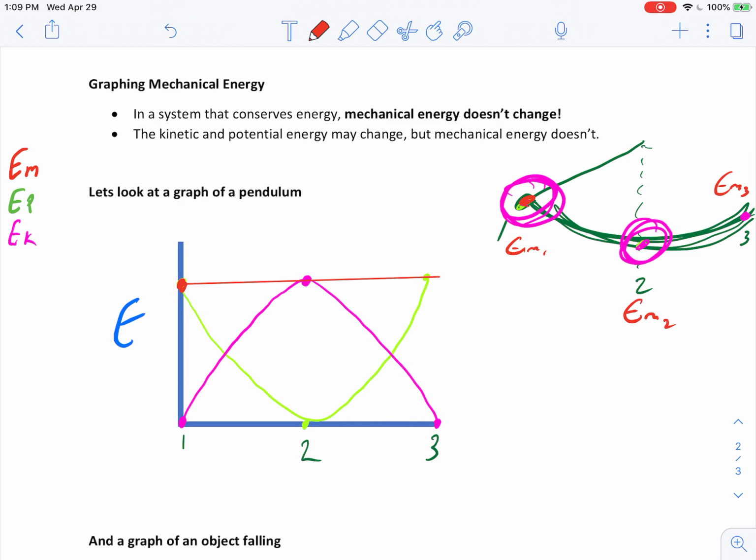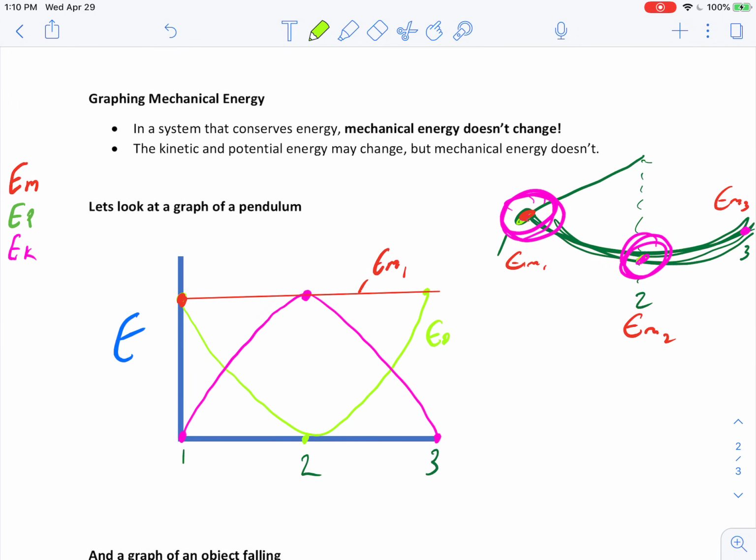It stays the same. So mechanical energy here is just a straight line. Potential energy, sorry, is a curve like a happy face, and then kinetic energy is a curve like a frown. But the big takeaway here for you is that mechanical energy looks like that.